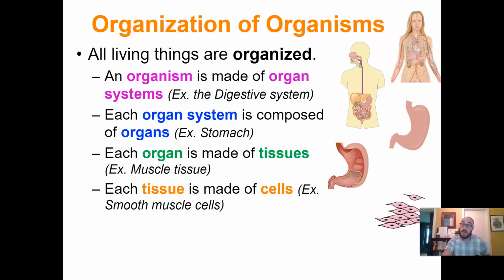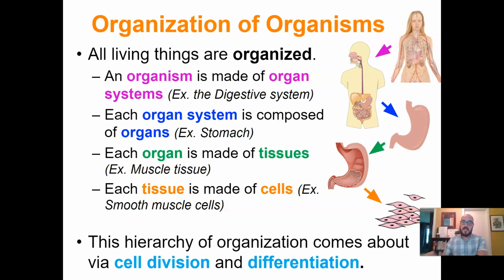Each tissue is going to be made up of cells, so like smooth muscle cells in this case. So you can see here is a human being. They are an organism. They're made of the organ system, so that's the digestive system here. That's made of organs like a stomach. A stomach is going to be made up of tissues like muscle tissue, and that muscle tissue is going to be made up of a specific type of cells, in this case smooth muscle cells.